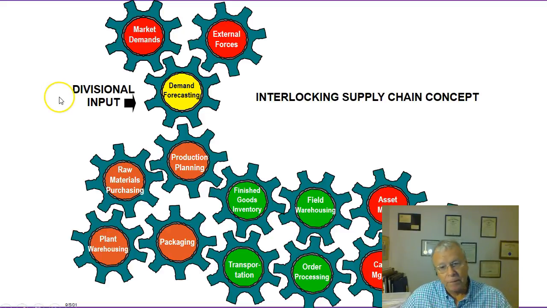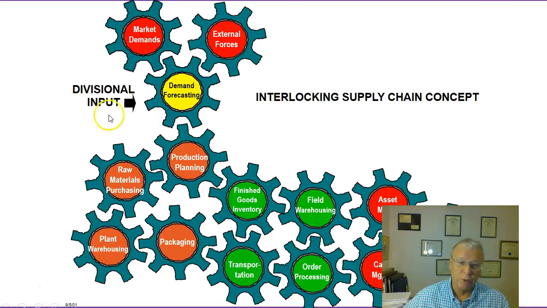This is a very simple diagram. It's in fact really too simple, but it gives you some understanding of what I'm really talking about. This is the demand plan sitting up here. So the inputs to the demand plan are the market demands, and the market demands can come from multiple places, and they do come from multiple places.